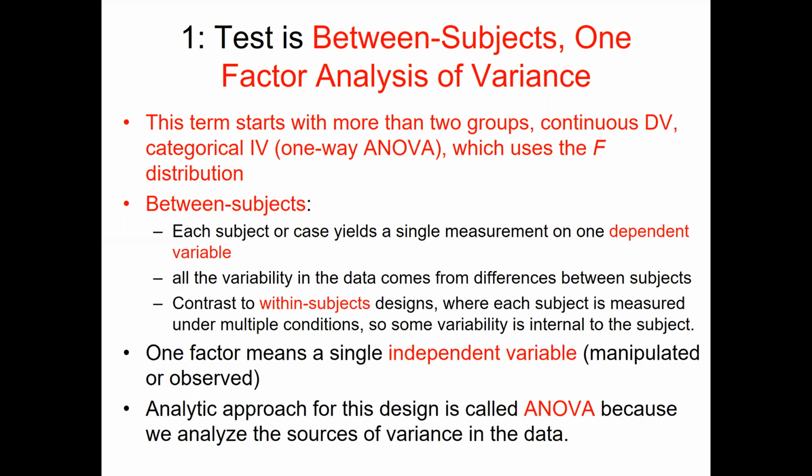So it might be intelligence, it might be motivation, it might be intention to leave a profession, but it is not like a binary variable. And the factor is obviously categorical because it's some kind of group membership. So that slide shows you a summary of those characteristics.